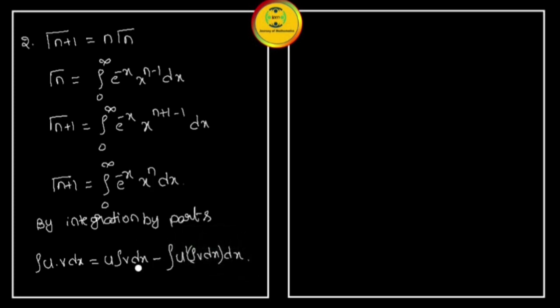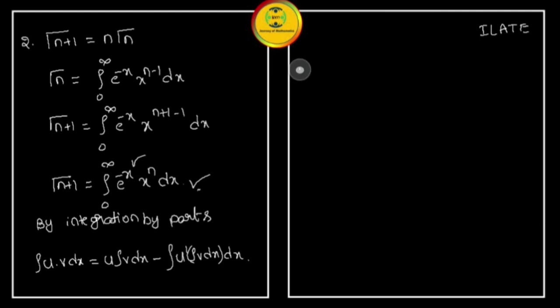So I am going to apply this definition to this one. Before going to apply this, I have to rewrite this integrand in a particular format, that is, in the order ILATE: inverse, logarithmic, algebraic, trigonometric and exponential.